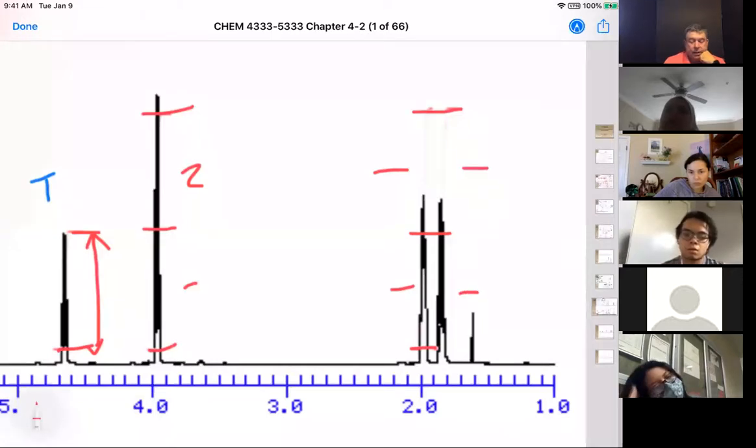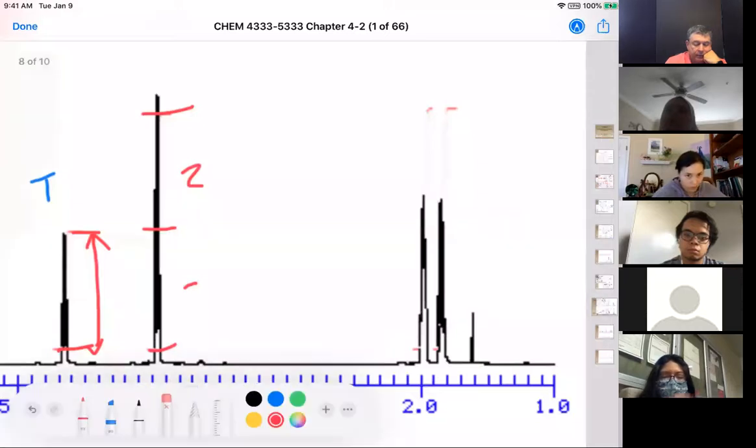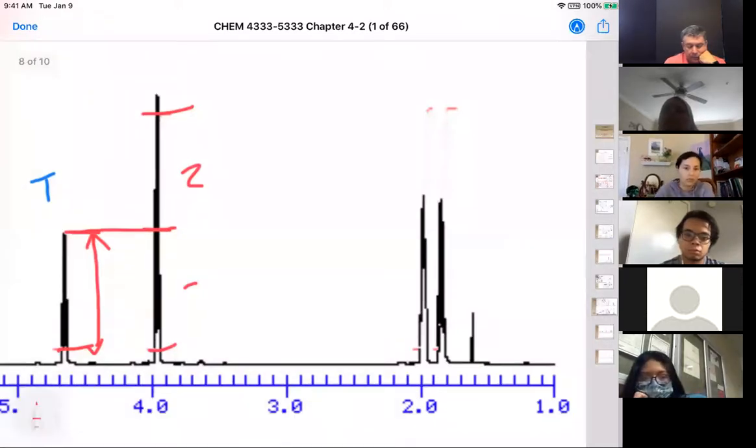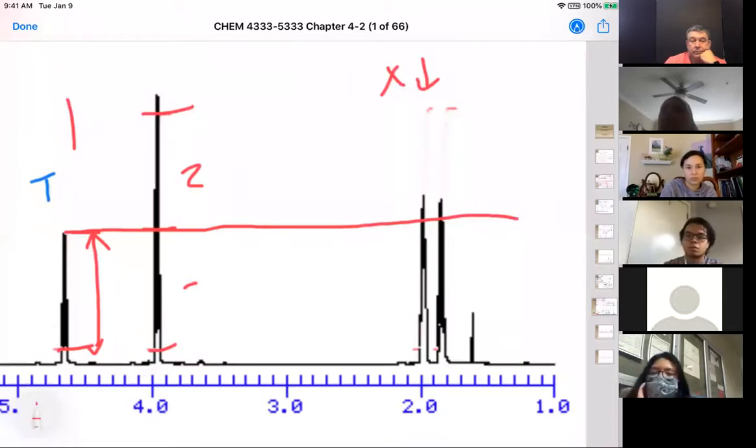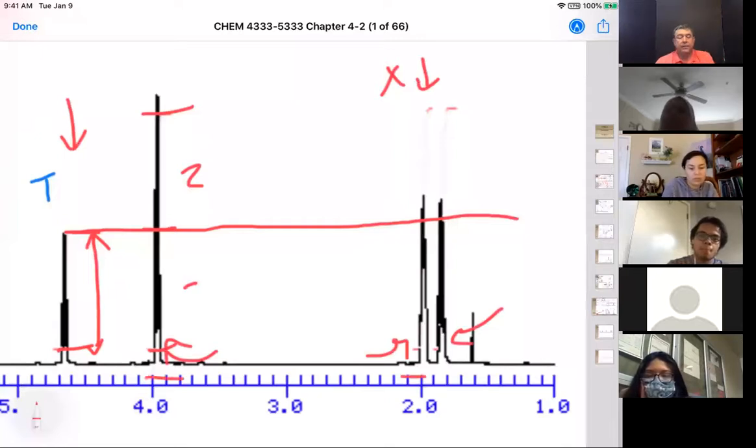So that's all I'm doing, just a rough estimate of, well, it looks about twice. Because if we take this one as our integration over here and pull it over here, it looks like half above and half below. So this is twice as big as this over here. So it means the peaks at 4 and the 2 have the same number of protons? I think that these have the same number of protons as these 2. Yeah. So all 3 of these peaks have the same number of protons.